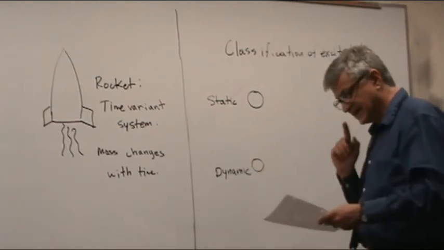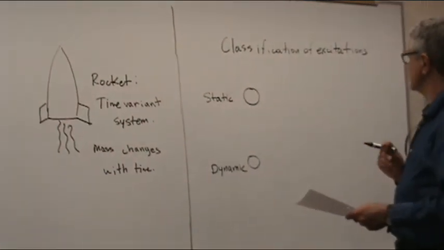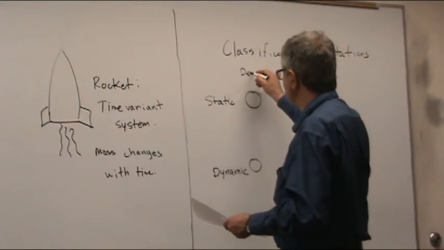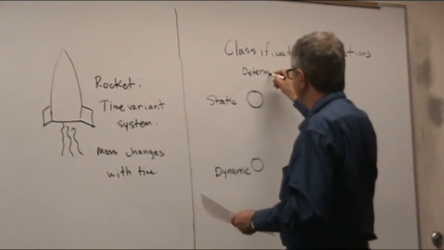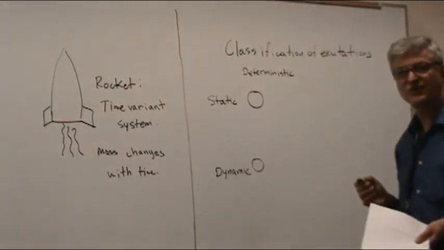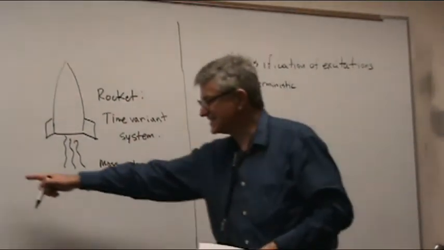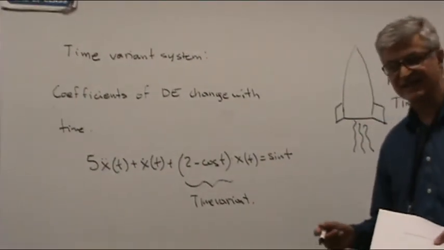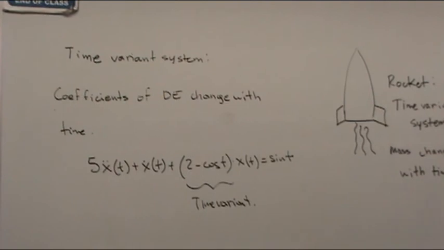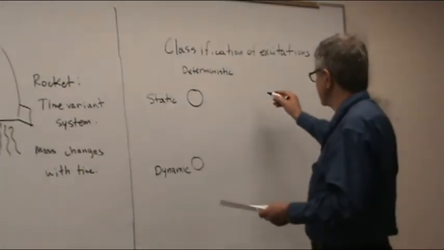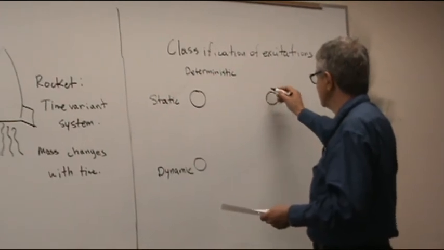Okay? Now, the excitation can be deterministic. Deterministic means that you know it, okay? This is deterministic. Anything that we have written so far, all the excitations are deterministic. But there are some excitations that are not deterministic. They are random.